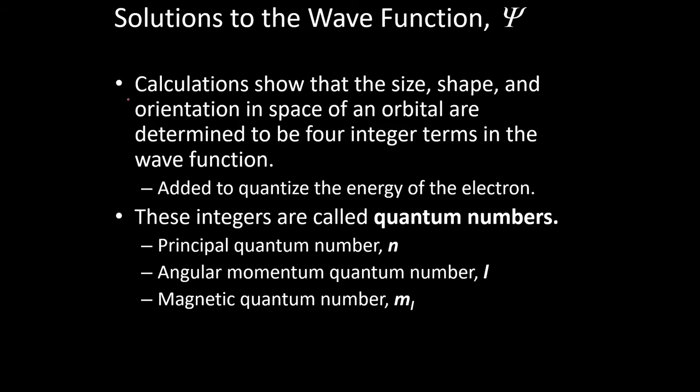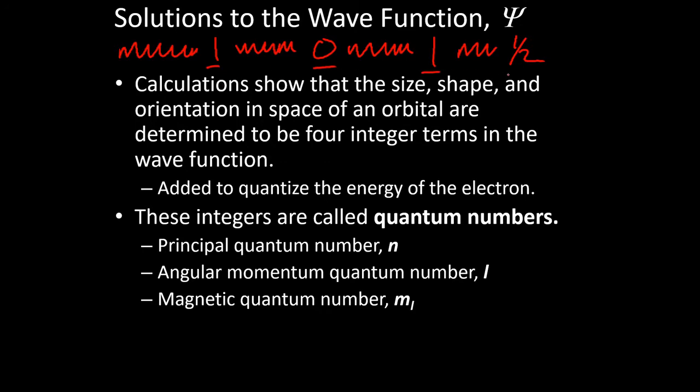The wave function looks something like, blah, blah, blah, and then there'll be a 1, and then blah, blah, blah, and then a 0, and blah, blah, blah, maybe a 1 again, and then a half. And so these four values that you find inside of the wave function specifically help determine the size, shape, and orientation of the electron's orbital inside of the atom.